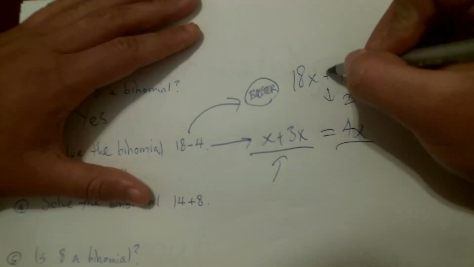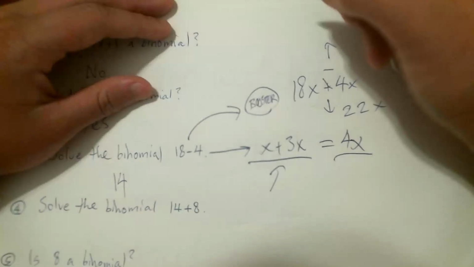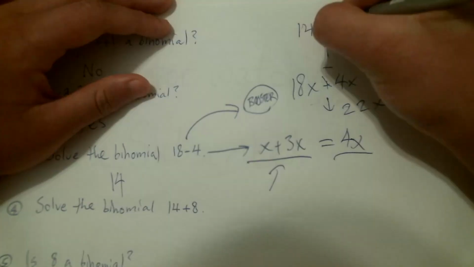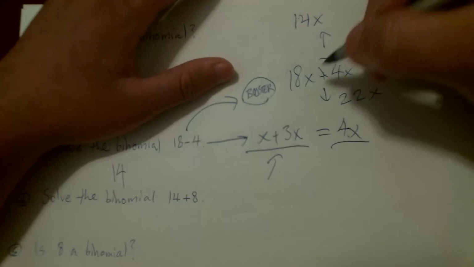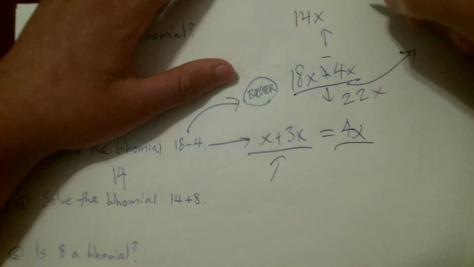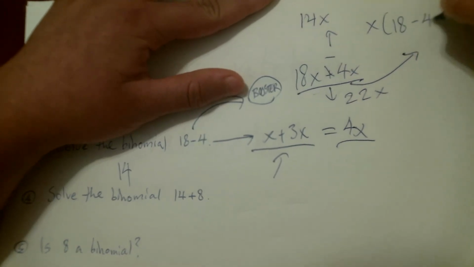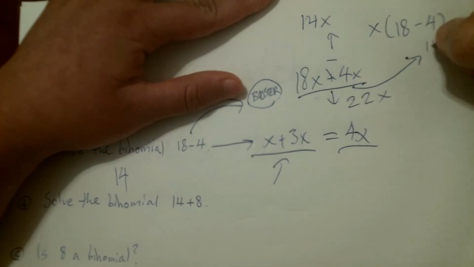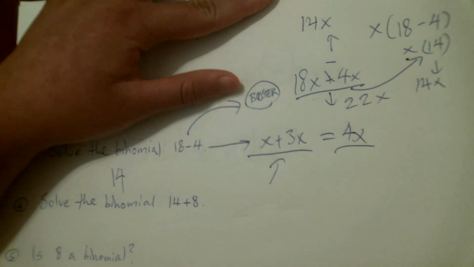But say instead of the plus it was a minus, then we would do it the same way. 18 minus 4 equals 14, and we add x at the end. How would you prove that this is right? We can take out the x's here and do 18 minus 4, which equals 14. Then we have x times that, so that's 14x.